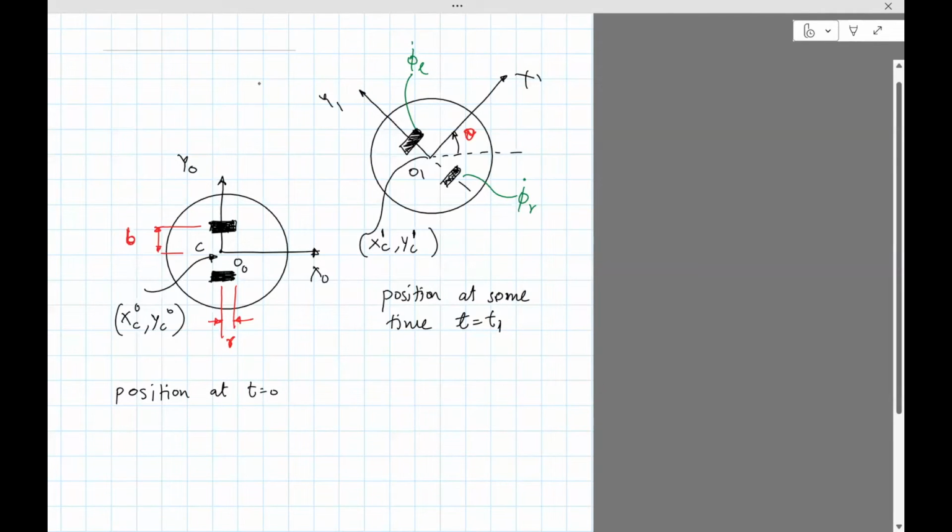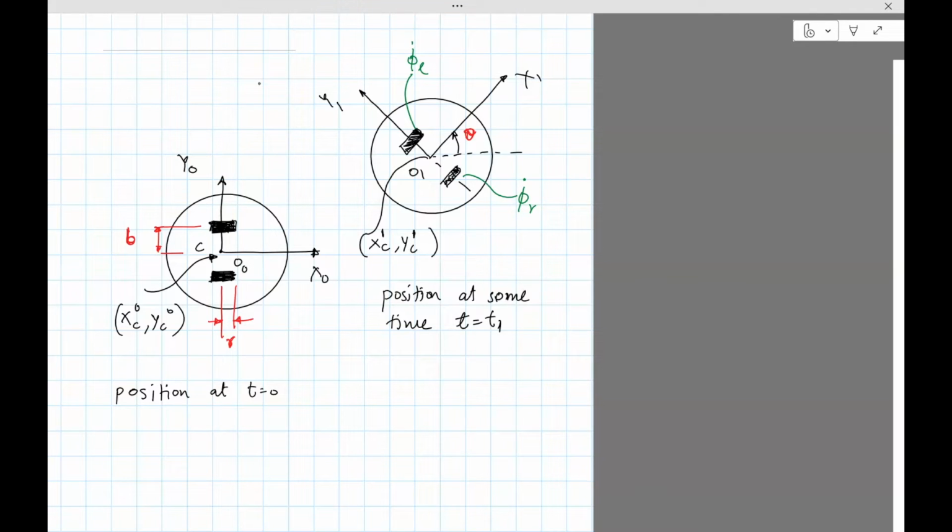Okay, what we want to get to is we want to be able to describe the movement of the differential drive car. So essentially, it will be the point xc1, yc1, but we really don't want it in frame 1. We want it in frame 0, because remember that frame 1 is actually moving.